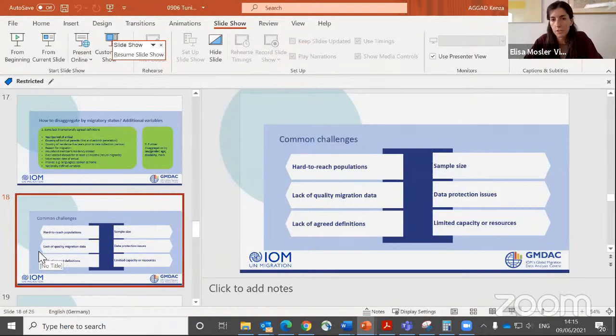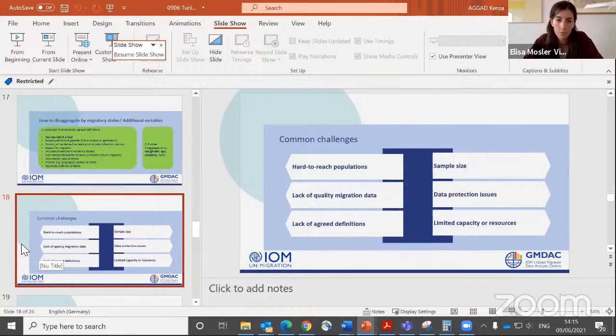This is because the sample size of the survey itself is not large enough to be representative of a migrant subgroup, because migrant groups are obviously smaller than the overall population. And so the methodology does not really allow for that data to be representative of all migrants in a country.